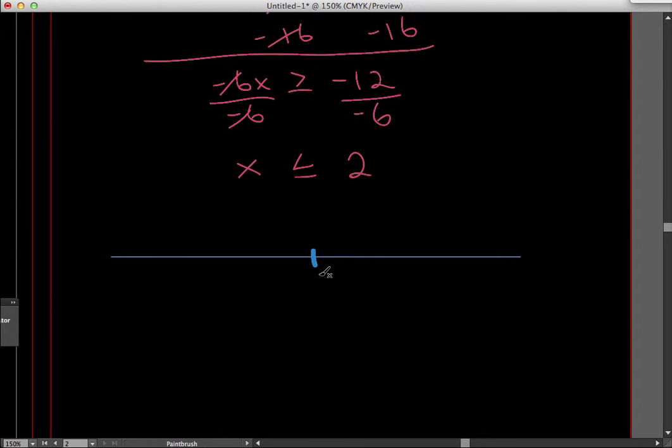Let's put the 0 here. And then we're going to put the tick marks here. And we can put 1, 2, 3. And this goes on for infinity in both directions. And then we can make some tick marks on this side. -1, -2, -3.